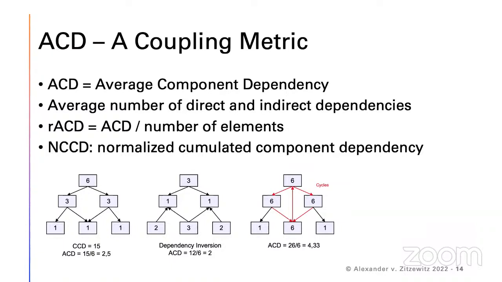So you need to know how many elements you have to make a judgment, and one way to do that would be to divide once more through the number of elements. That would give you a metric, relative ACD, which turns out to be the same value as propagation cost. So ACD divided by the number of nodes once more would be propagation cost. That's one way to calculate it.